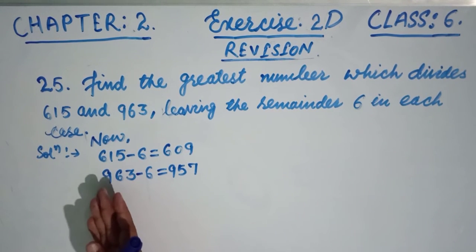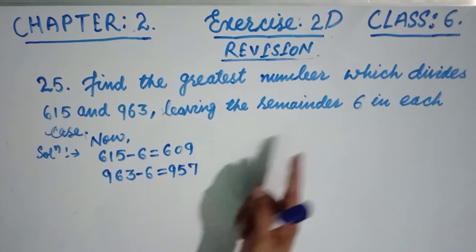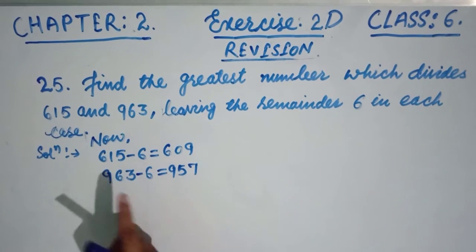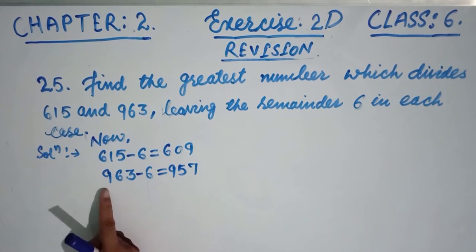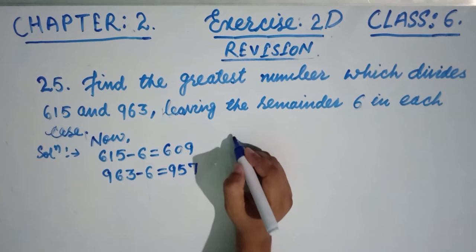So first we subtract 6 from each number: 615 minus 6 gives 609, and 963 minus 6 gives 957. Then we find the HCF.